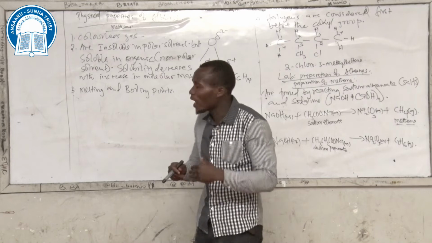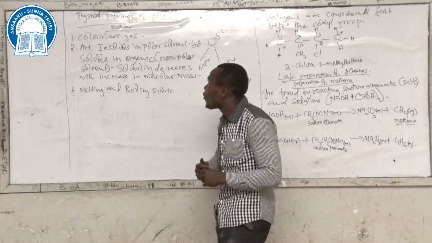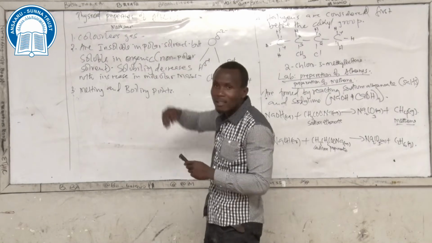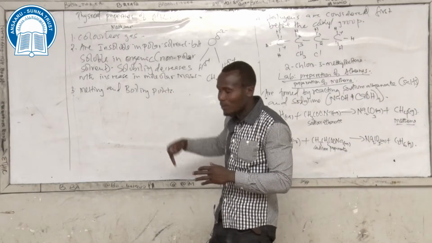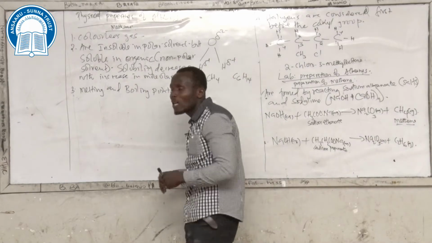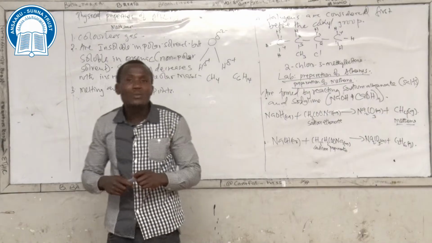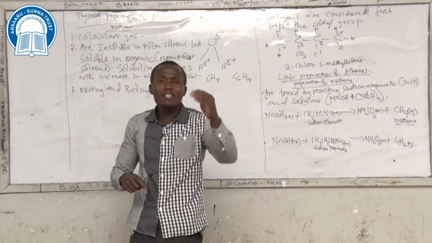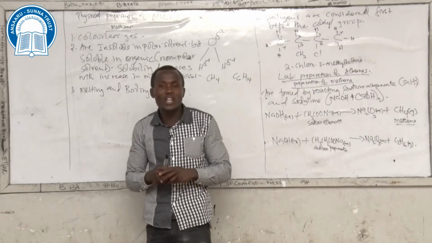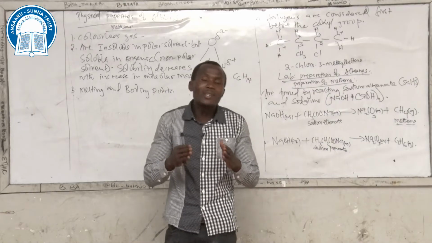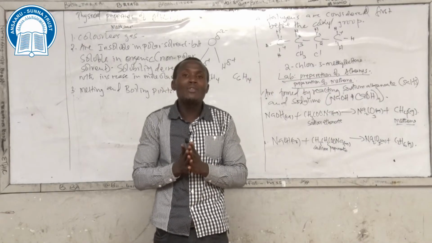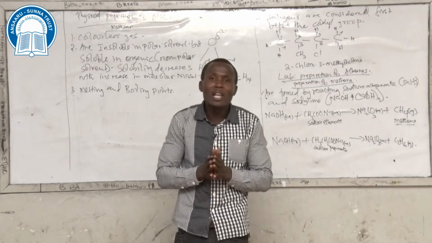Now when we check in terms of structure and bonding, we find that these are molecular substances, and molecular substances have weak intermolecular forces of attraction. Since they have weak intermolecular forces of attraction, they are going to have low melting and boiling points.